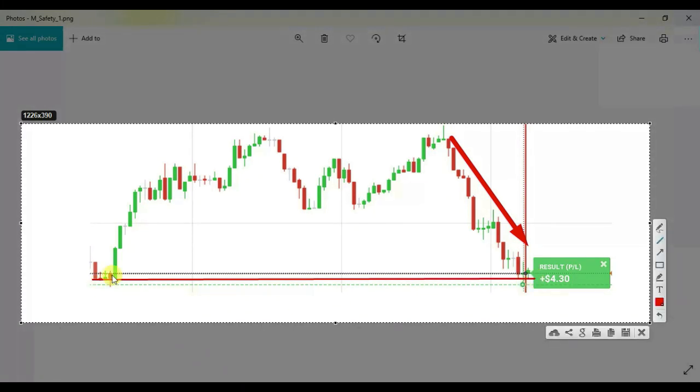From this level we can see the price increase, but as I can see, every time there is a strong candle. Here we can see two candles. Here also I can see only one candle, and there is still some gap.